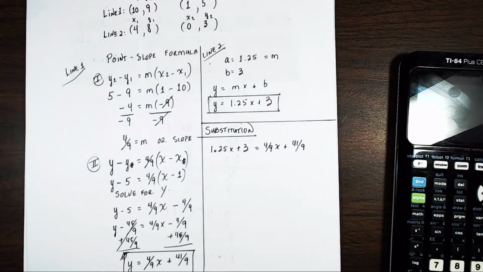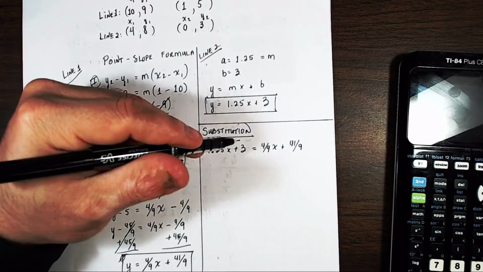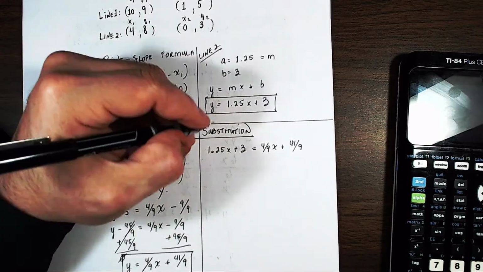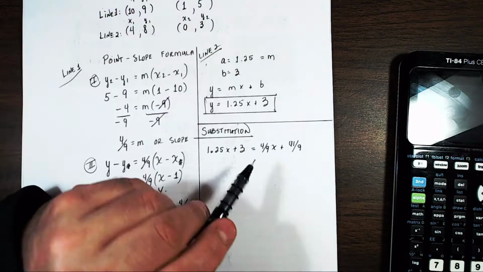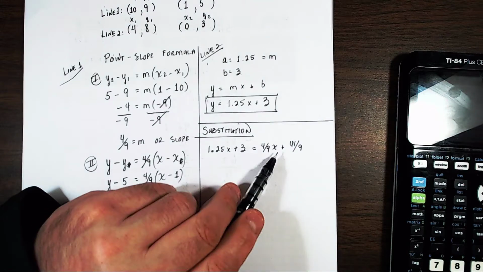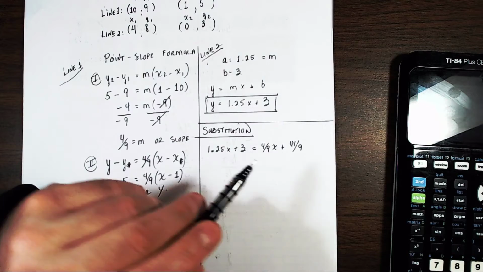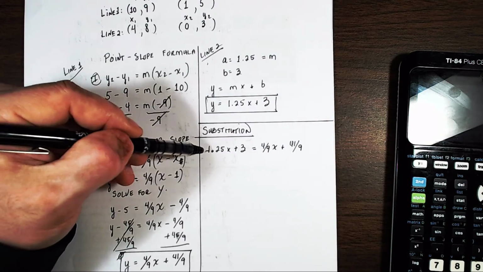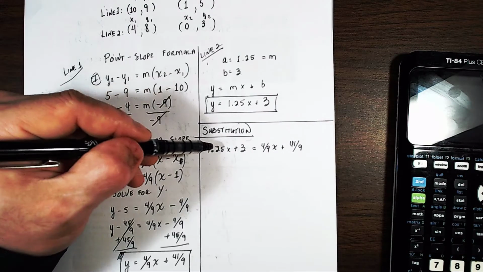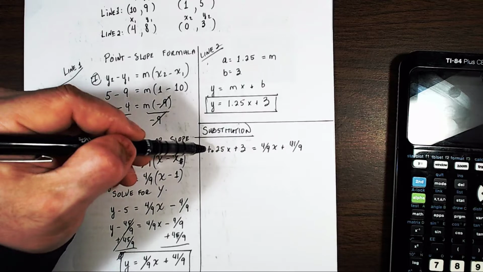Okay, so I'm just going to solve for x now. Because we're dealing with fractions that are very lengthy decimals on the right side, over here I've got 1.25. Well, that can be made into a fraction as 1 1/4.